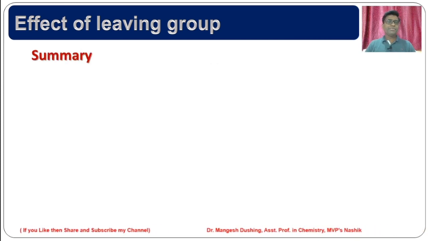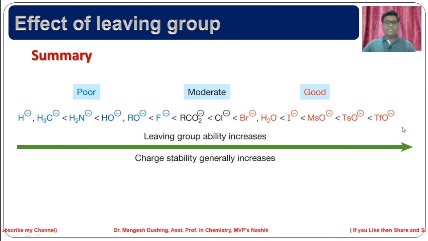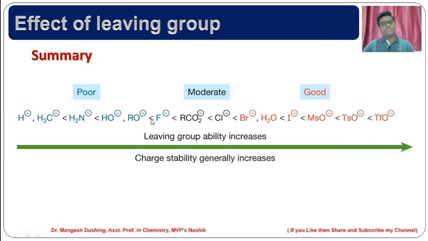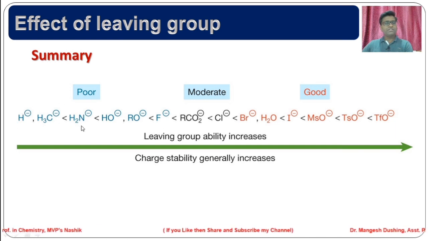So in summary, these are almost all the leaving groups. H minus, CH3 minus, NH2 minus, HO minus, whatever is shown in blue, are poor leaving groups because these are the conjugate bases of weak acids.